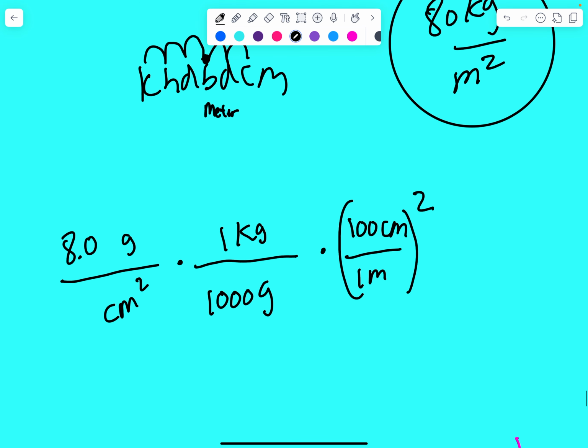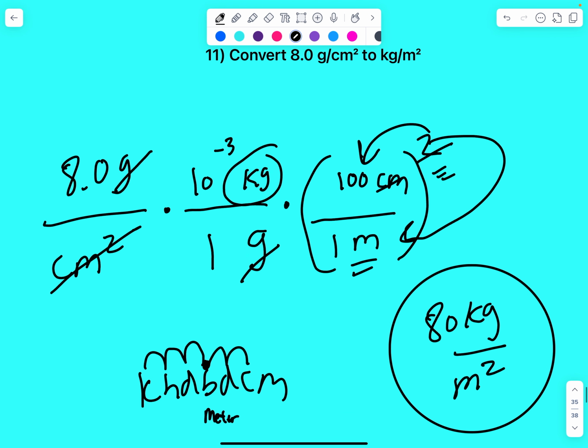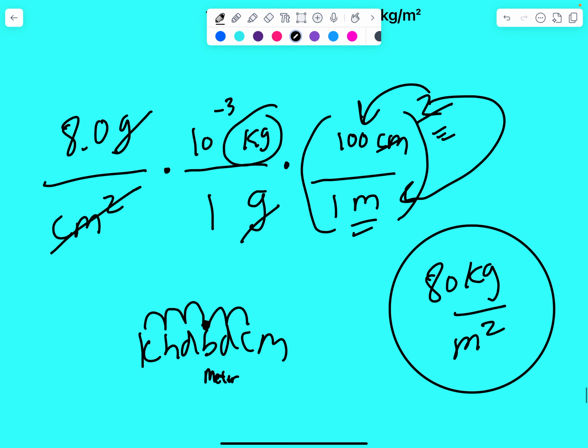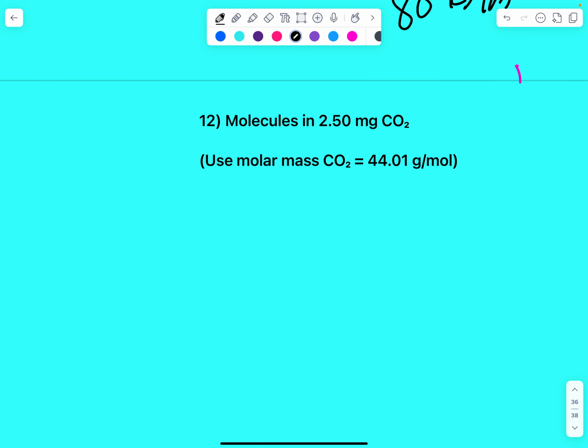Then centimeters cubed, grams, kilogram over m squared would get you 80 kilograms per meter squared. There's 2 ways of doing it. If you want to start with your 1 gram, that's fine. You want to do 1 kilogram, it doesn't matter. Either way, you get the same answer. So good job. Let's try number 12.